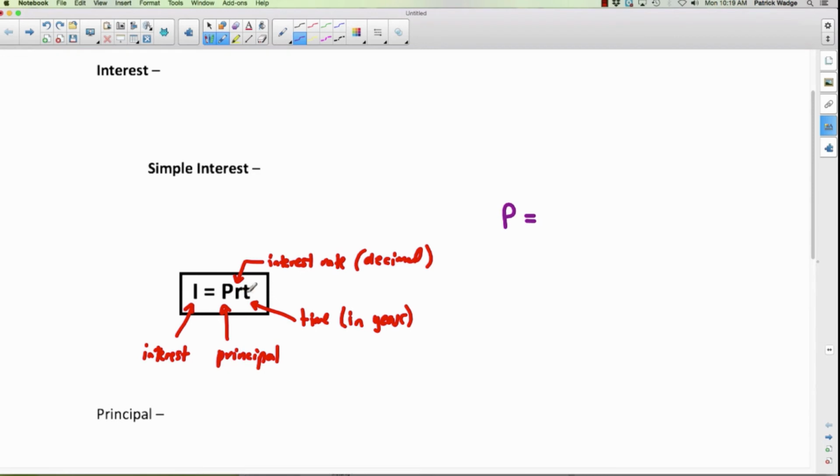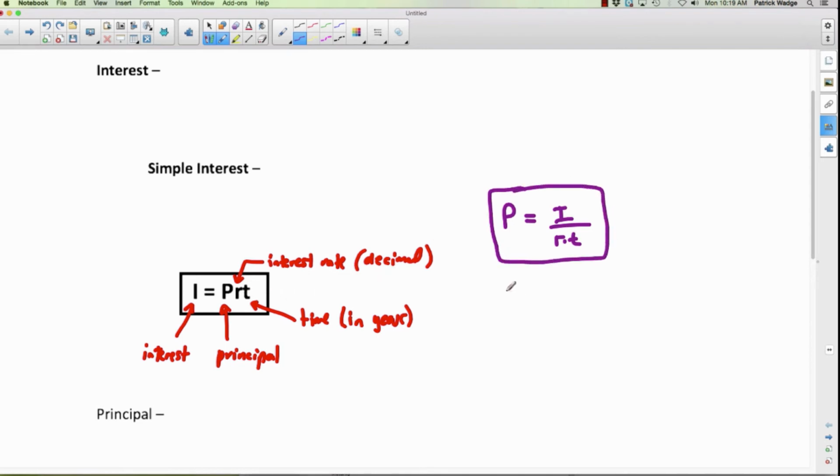They're multiplying by the P. So what you're going to have to do is the opposite of multiplying. You have to divide by RT. So you do the same to both sides. So you'd actually end up with P equals I divided by the R and the T. You'd still be multiplying those together, the R and T, but you'd be dividing the I by that amount. So that is how you're going to figure out the principal if you're given everything else.